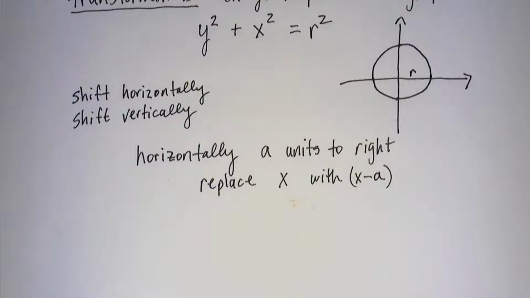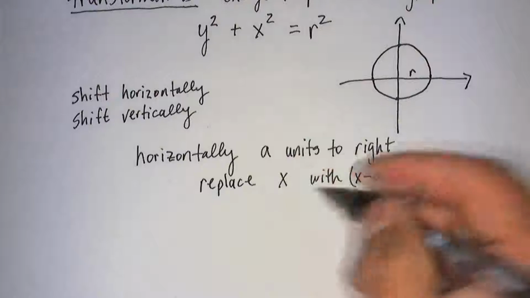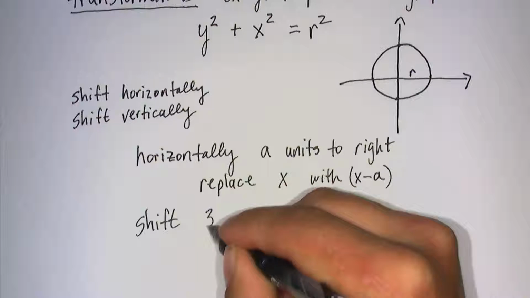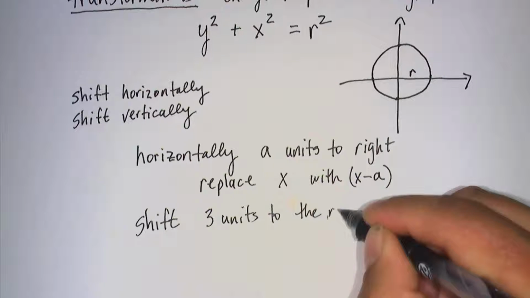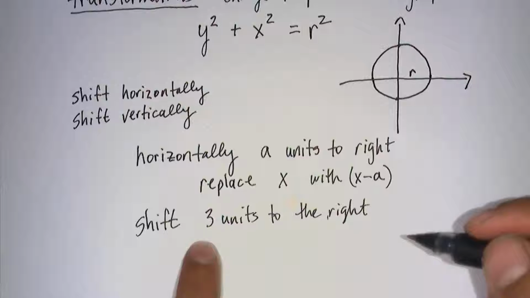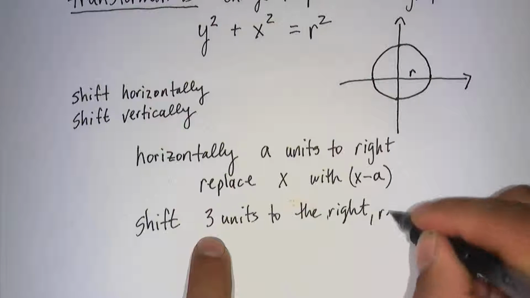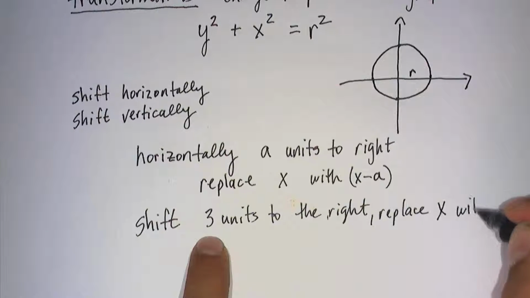So let's say that I want to move this circle 3 units to the right. I replace x with x minus 3. And the equation would look like this.